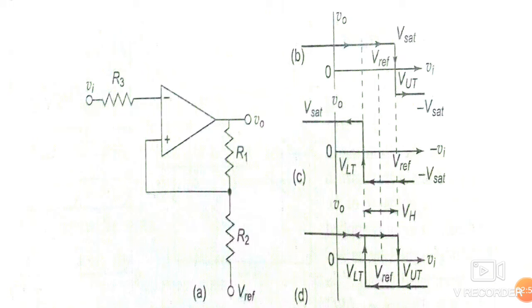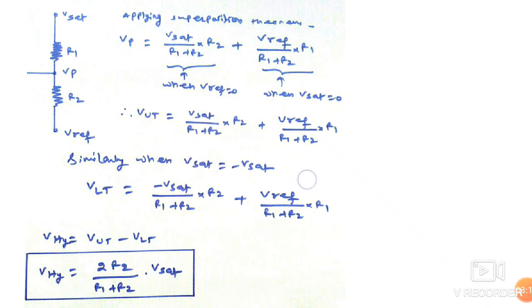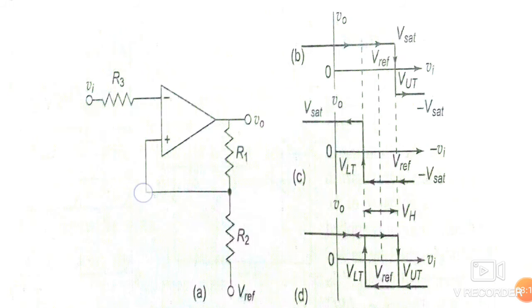In the reverse case, when this Vi, that is the input voltage, becomes less than the voltage of this point, output will change to plus Vsat.